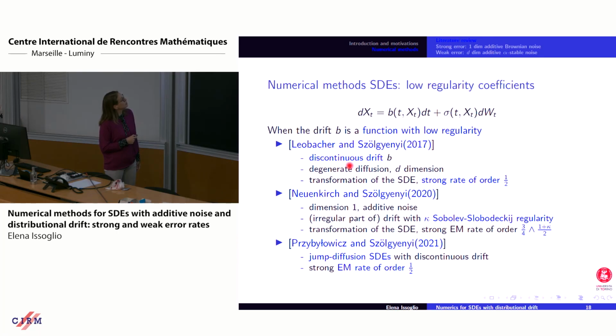So here the drift is discontinuous, or some part of the drift is in a Sobolev space, and they also look at jump diffusion SDEs, again with discontinuous drift. So they allow drifts to have jumps. And they get strong rates of, depending on the setting, order 1/2, or something of this form.